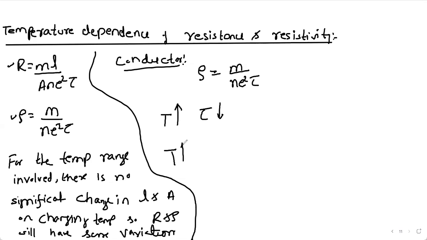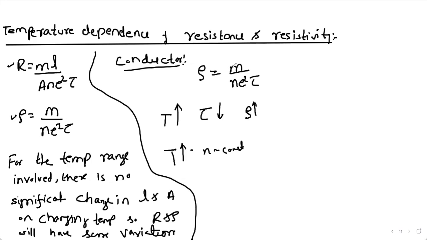There's no significant change in number density. Number density is almost constant. Although some electrons are added, in conductors you already have millions of electrons, so the change will not be significant. So if tau decreases, then R or rho will increase.